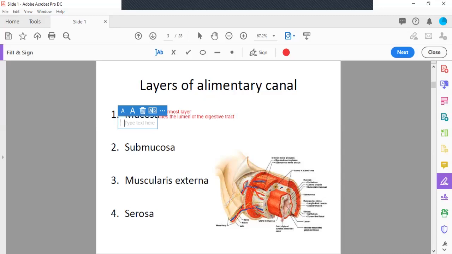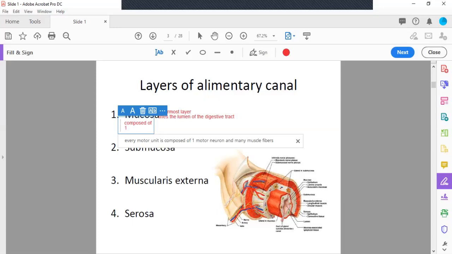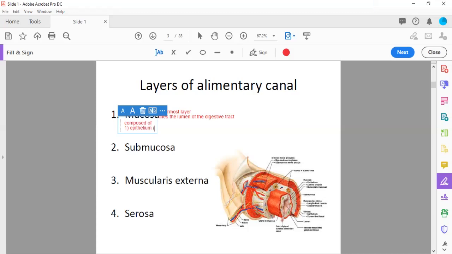When you look at this, I'm going to zoom in for you to see, the mucosa is composed of, first, the innermost epithelium, and the epithelium lines the lumen of the digestive tract.